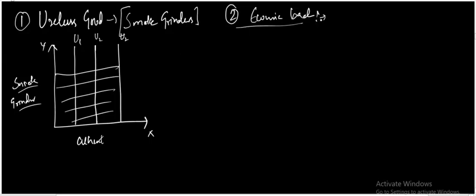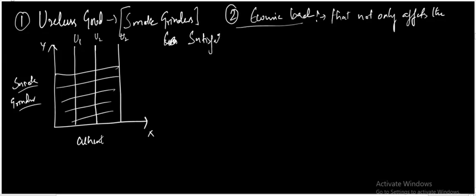Now economic bad is a commodity, or such type of a consumption, that affects the satisfaction of other commodity, but does not add to the utility.